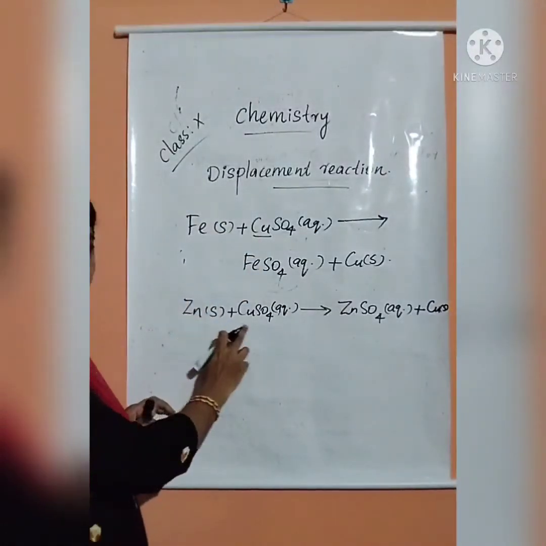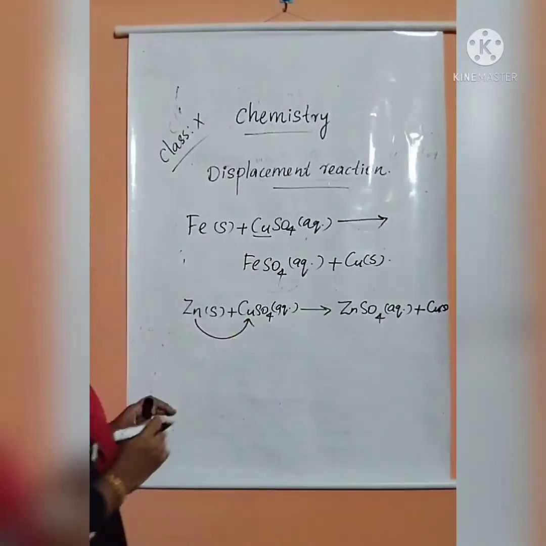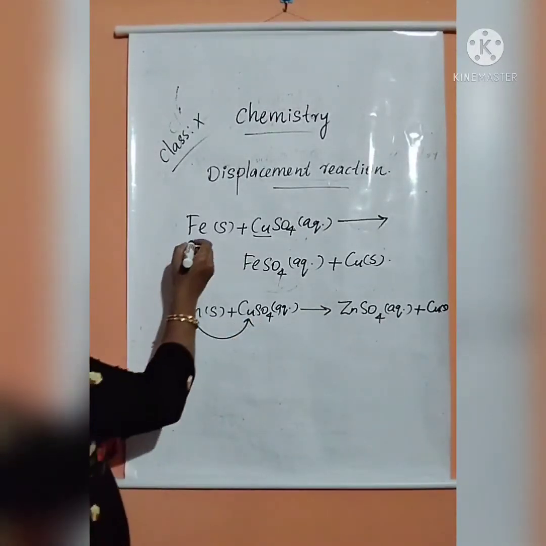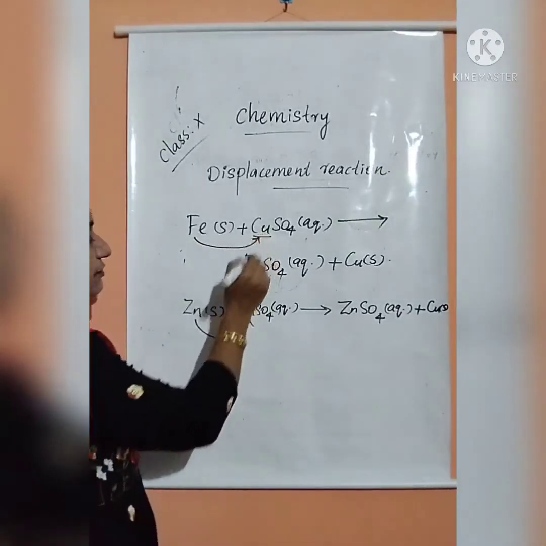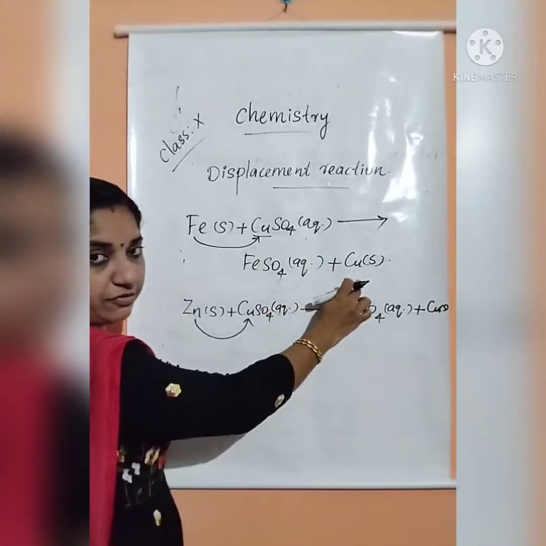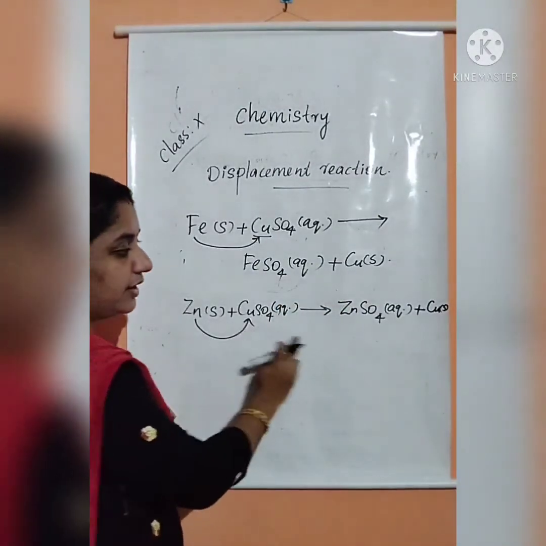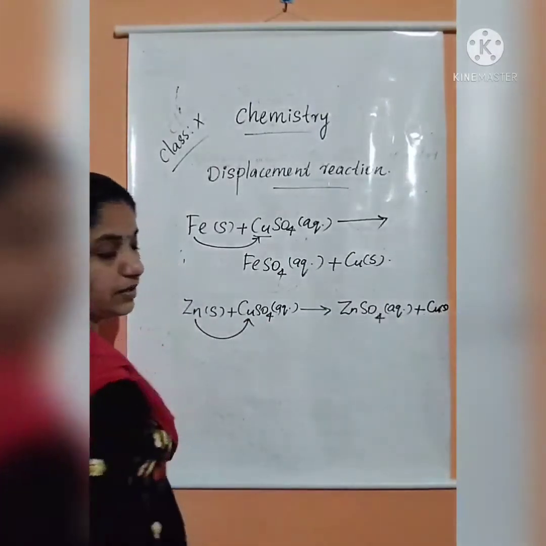Here iron displaces copper from copper sulfate solution, so iron sulfate and copper are formed. Here zinc displaces copper from copper sulfate solution and zinc sulfate and copper are formed.